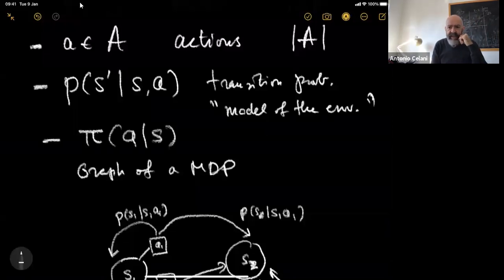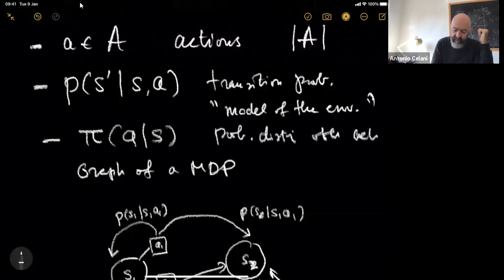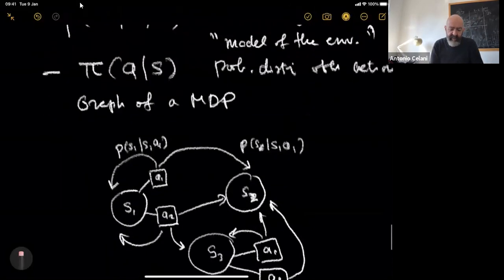So what is a policy? A policy is a probability distribution over actions. Actually, it's not one probability distribution, but a class of probability distributions. That is, from every state, you decide how much probability you want to give to the two actions.